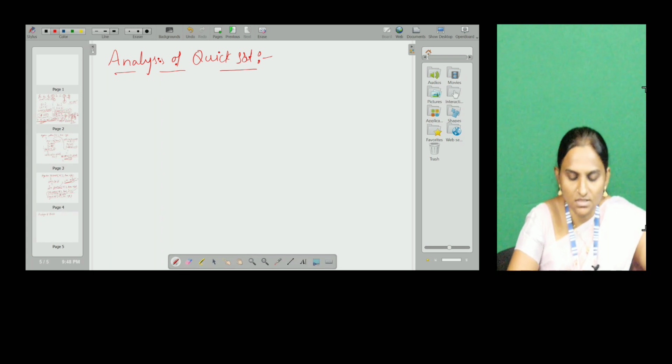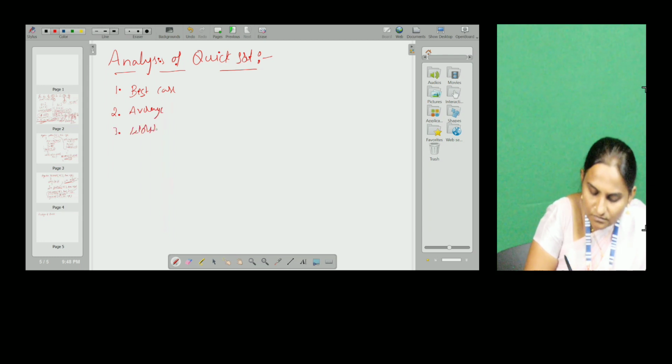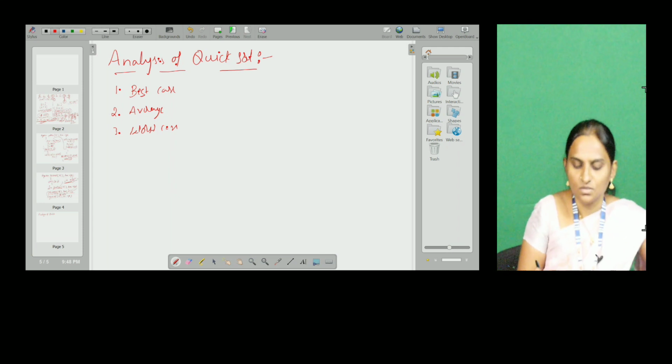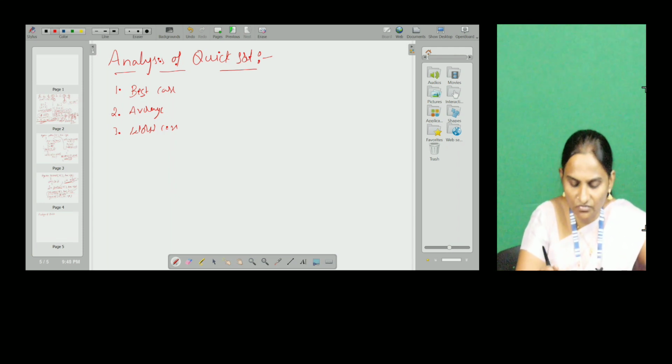So analysis means we will compute the time complexity for the best case, average case, worst case. So for these cases we have to compute the time complexity, that is called analysis of QuickSort.